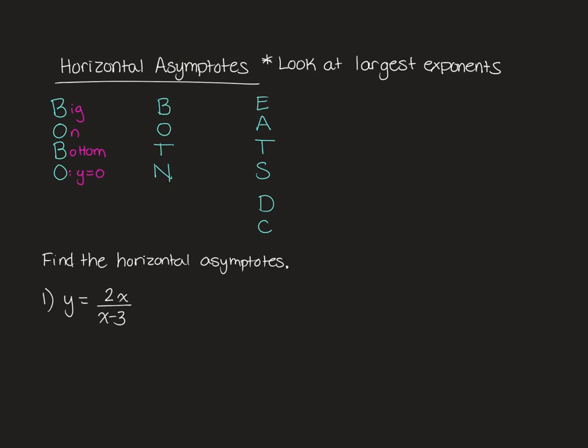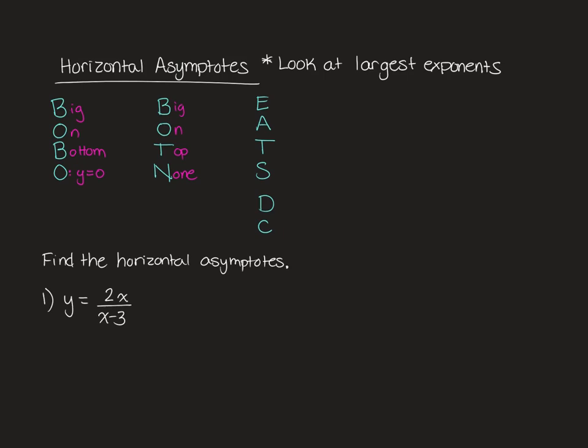Botan is big on top, none. If your largest exponent is in the numerator, there are no horizontal asymptotes.